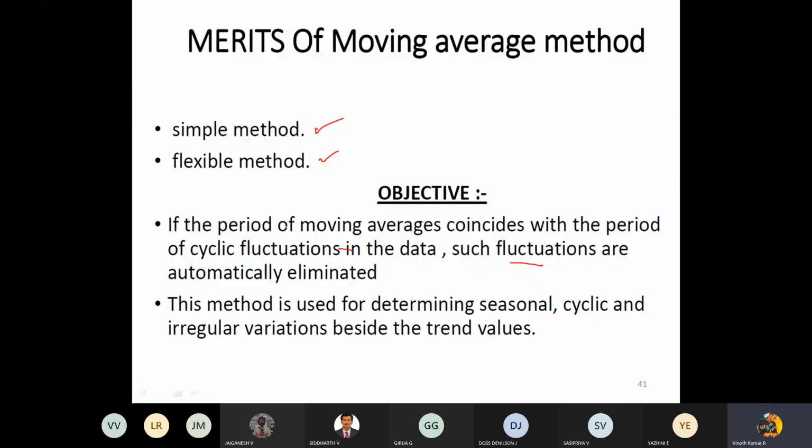Because we are centering the values when even numbers come up. The fluctuations are eliminated automatically, and this method is used for determining the seasonal, cyclic, and irregular variations beside the trend value.